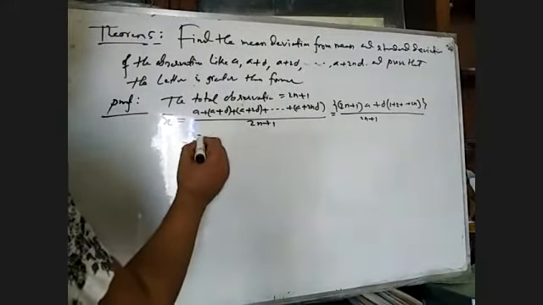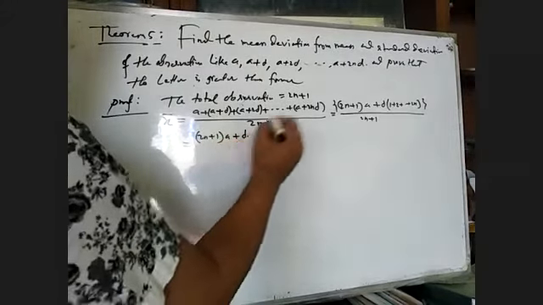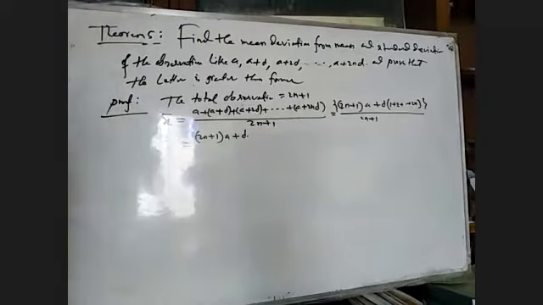So we can write 2n plus 1 into a plus d into this series.